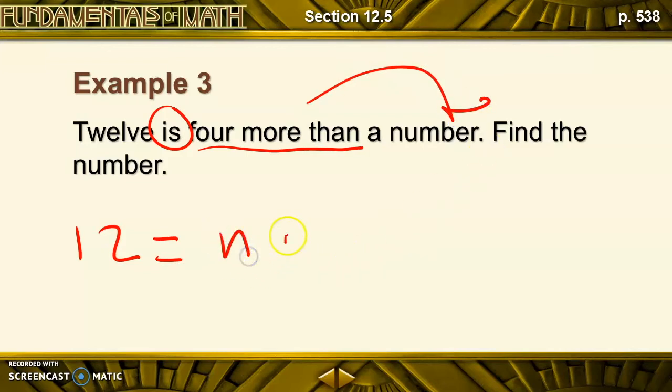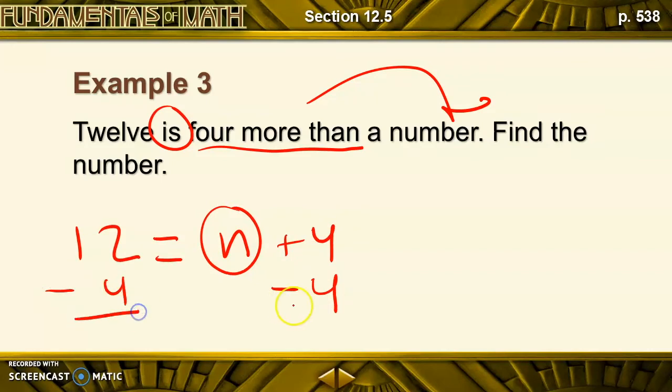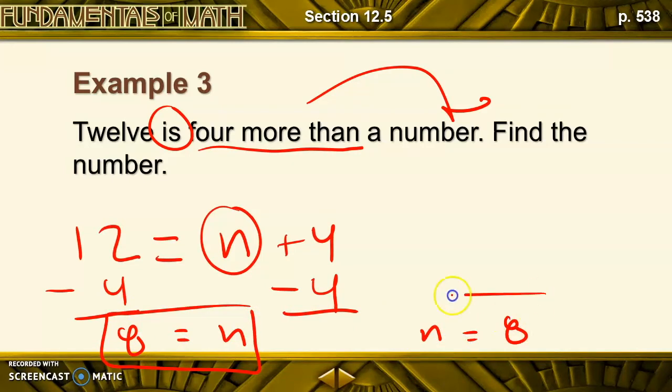So this is going to be n plus 4. Circle your variable. The opposite of adding 4 is subtracting 4, and you do it on both sides. 8 equals n. Or you can write it as n equals 8. Both are equally true.